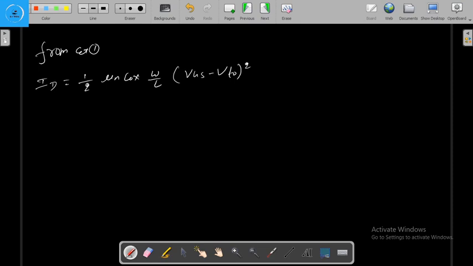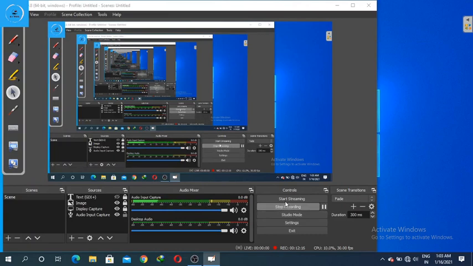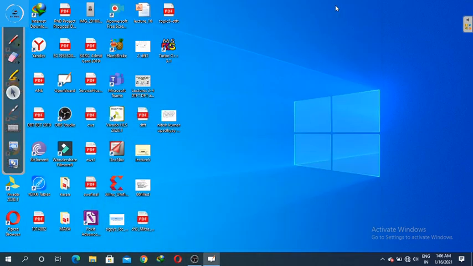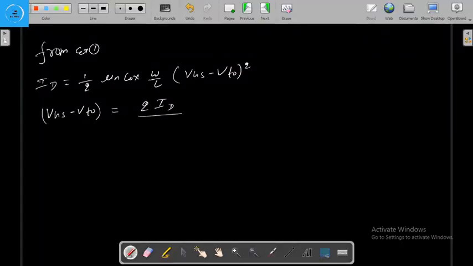Now we are going to calculate VGS minus VT0, which will be equal to the square root of 2ID divided by mu_n C_ox W/L. Let us assume this is equation 3.